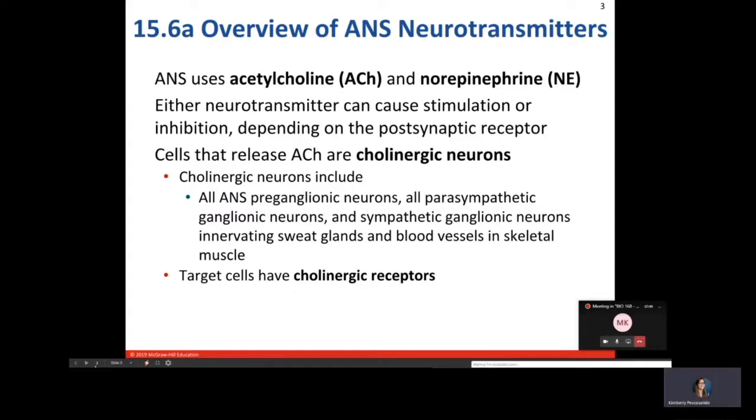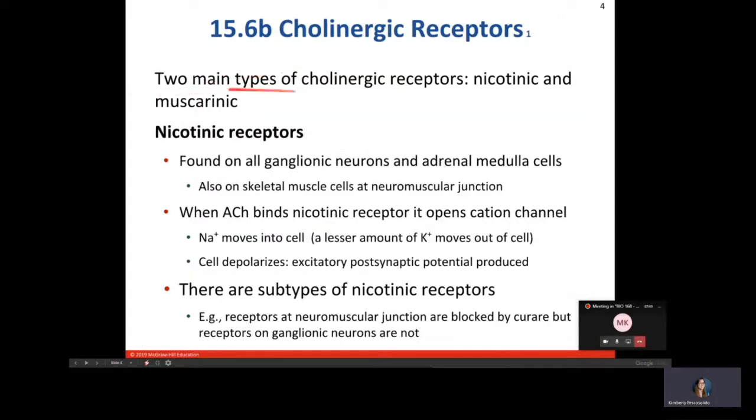Now we have two main types of cholinergic receptors, and they are called nicotinic and muscarinic. We briefly talked about this in chapter 12, the neurotransmitters and synapse section. The nicotinic receptors are the ones that we are most familiar with. If you've started that ANS worksheet, and I know a couple of people turned it in, there are some questions about the different types of receptors, so this will help with that.